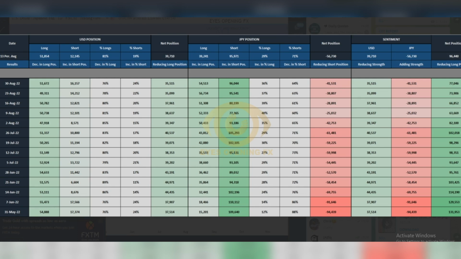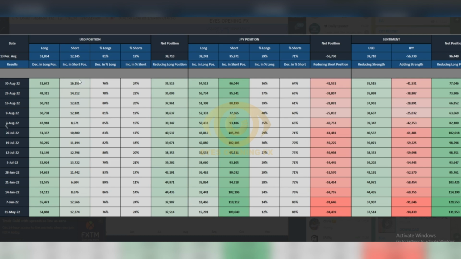So the people that are long on USD are reducing. This shows that USD is losing strength gradually. The short position is increasing.